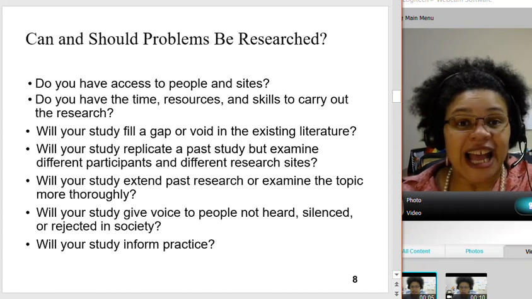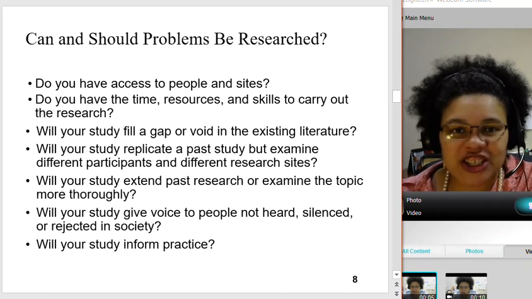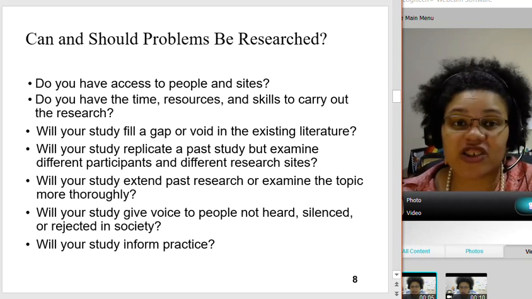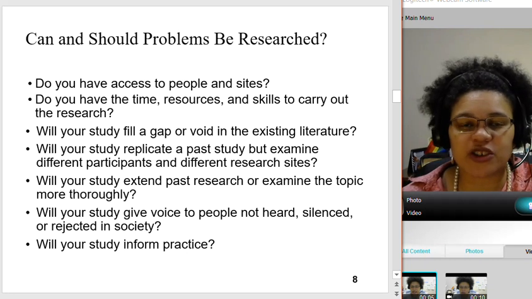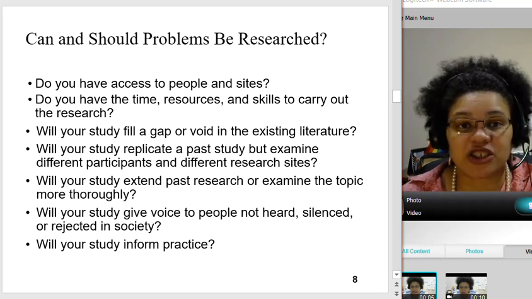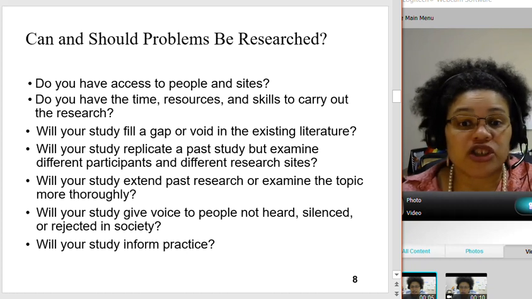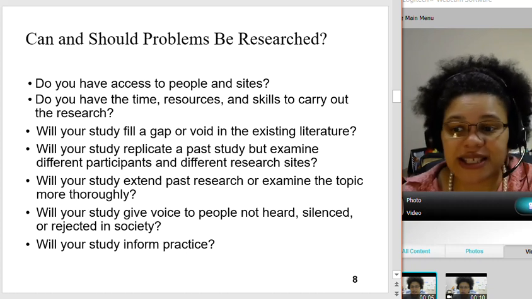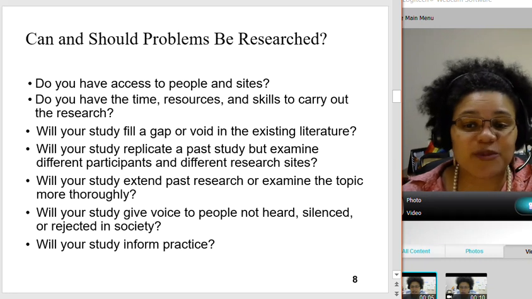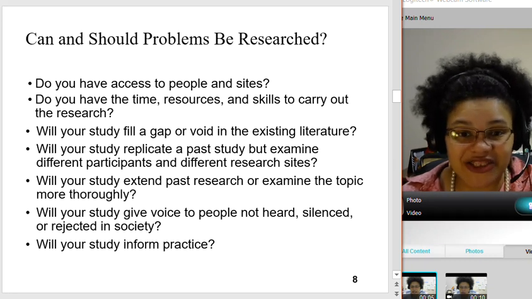Okay, can and should all certain problems be researched? These are questions that you'll ask yourself as researchers when you're deciding what problems you should address in your setting. Do you have access to people and sites that can allow you to address that problem? Do you have the time, resources, and skills to carry out the research?